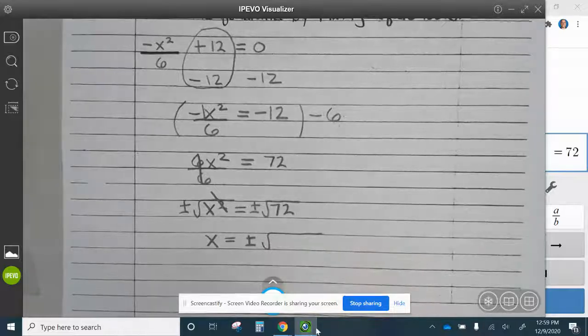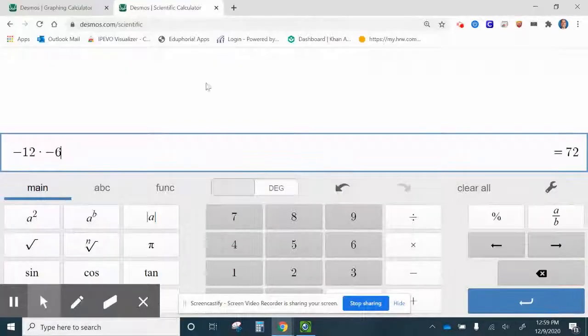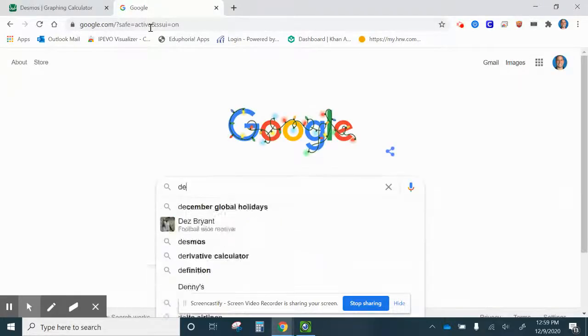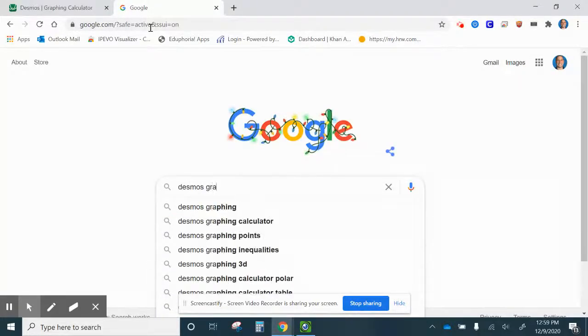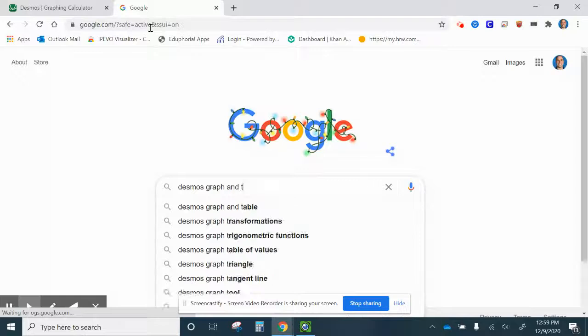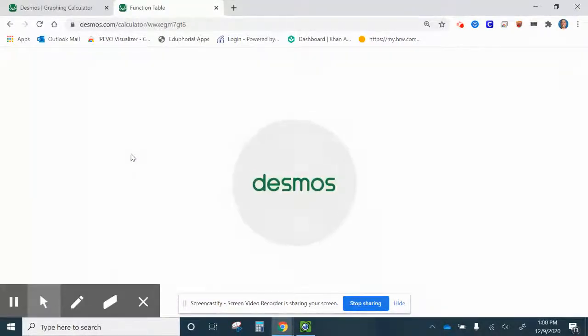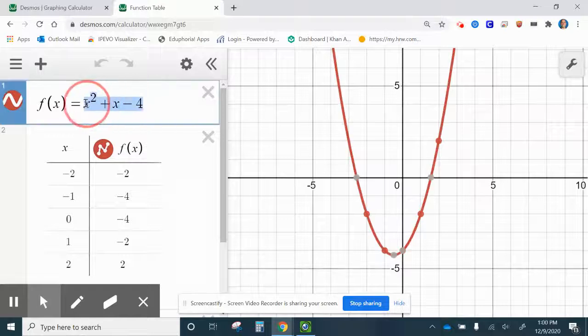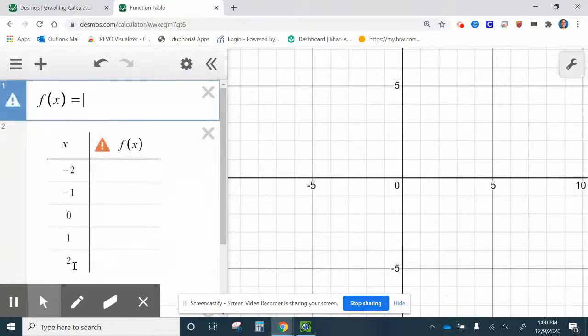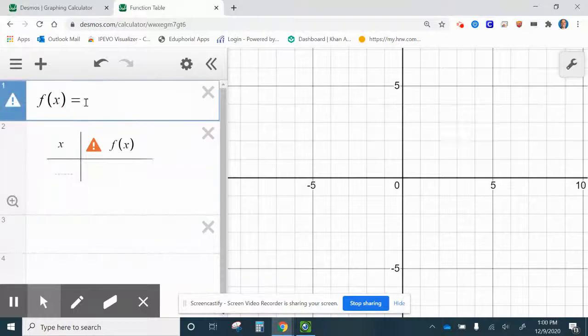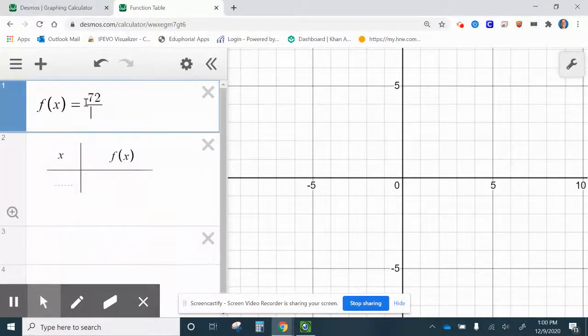Okay. So what I'm going to do is, over here, I'm going to go to Desmos, graph, and table. Okay, function table. Let me delete this and then delete these values. And I'm going to find all the combinations of 72 divided by x, where x is a perfect square.